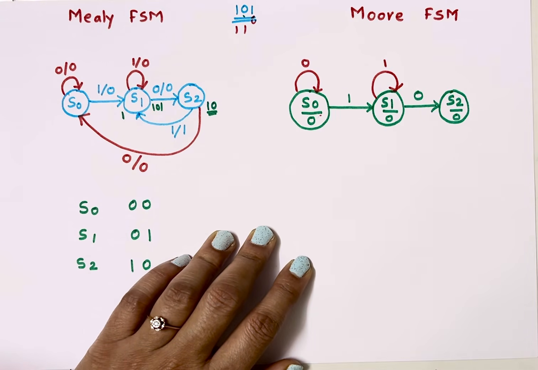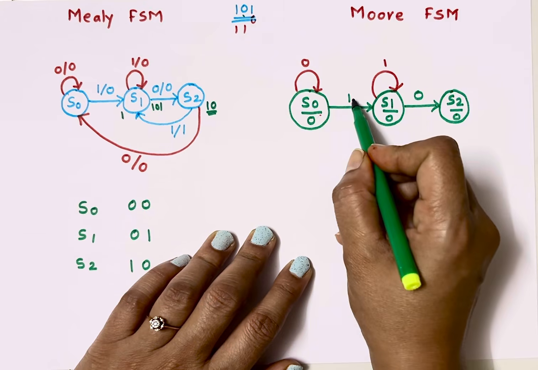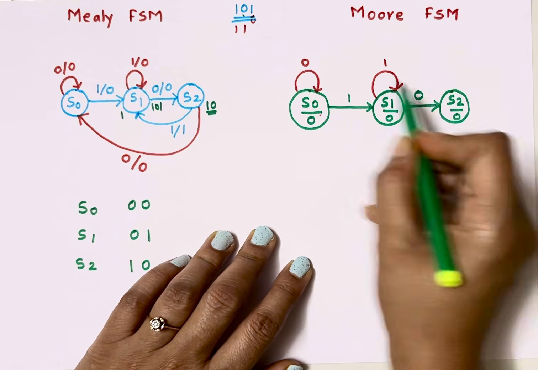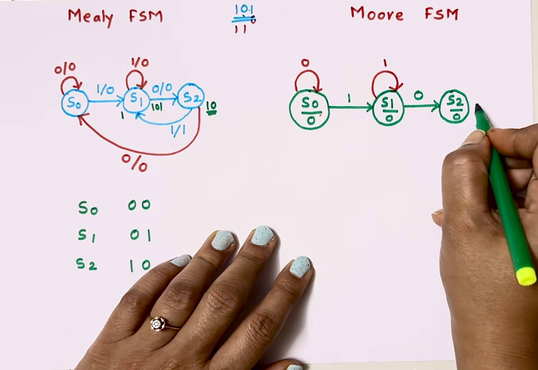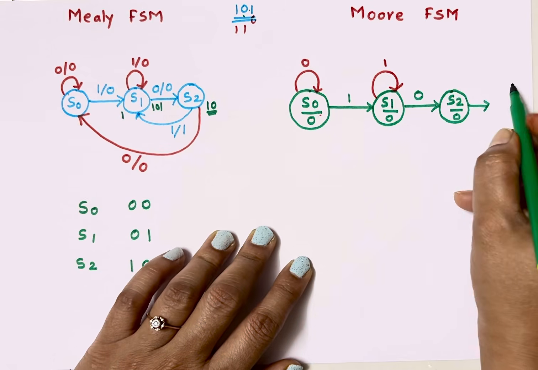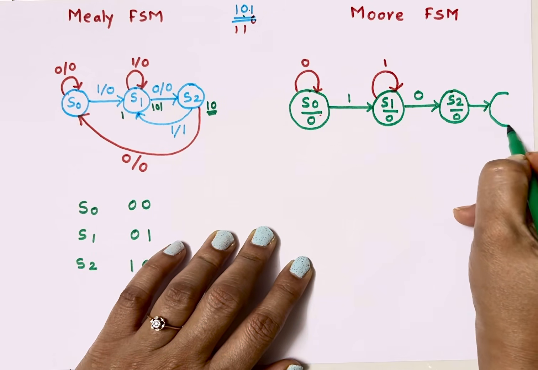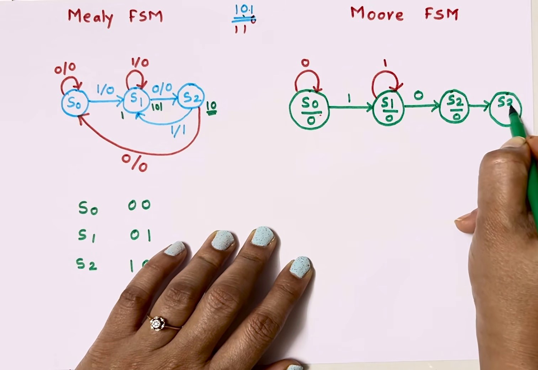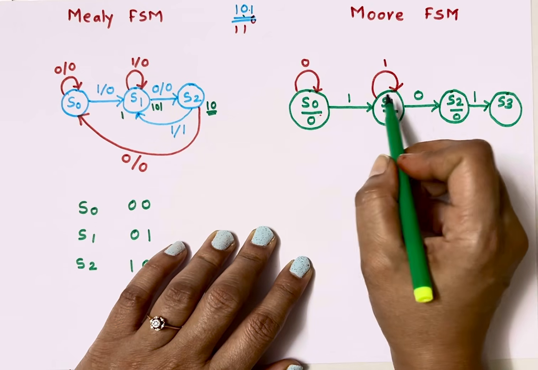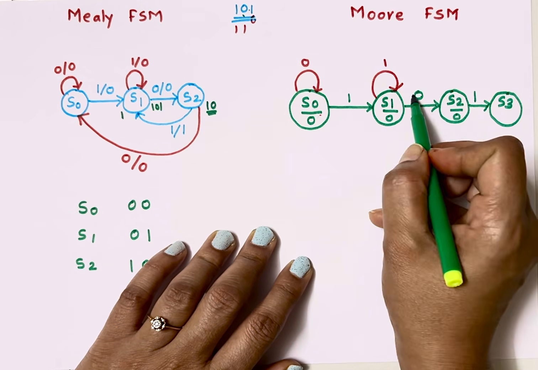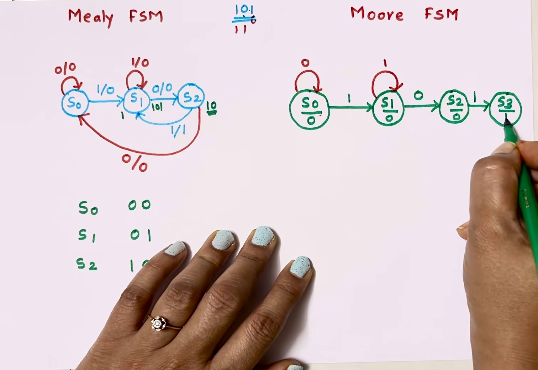At S2, at state 2, the first bit was 1, the next bit was 0, and then if 1 comes, it will go to the next state, that is S3. If 1 comes, the entire sequence 1, 0, 1 is detected, so the output will become 1.